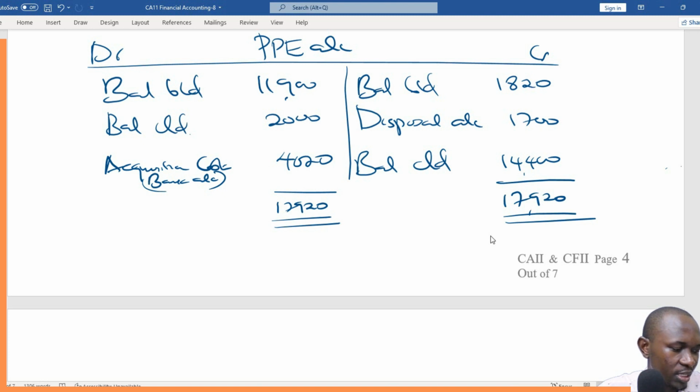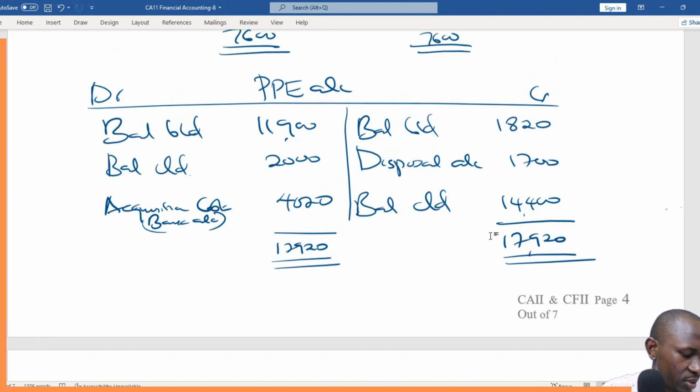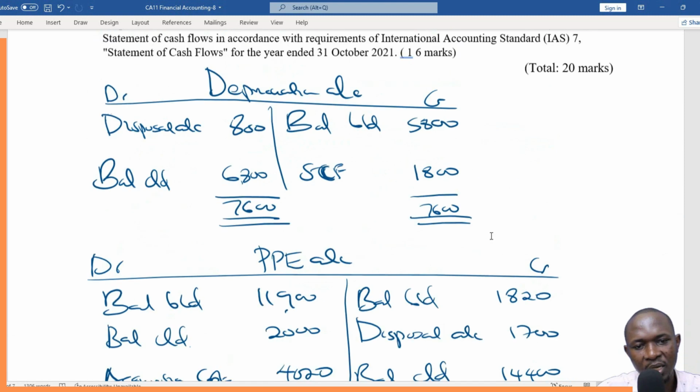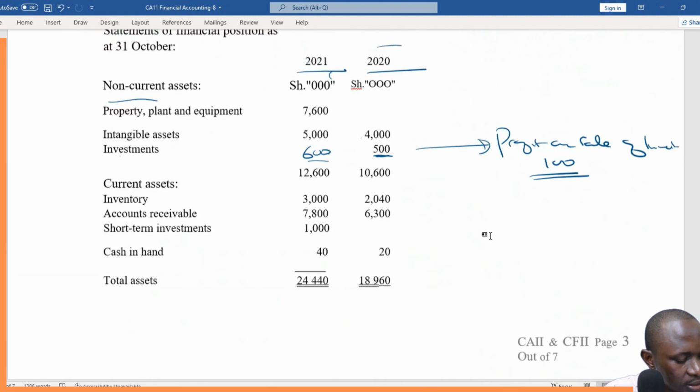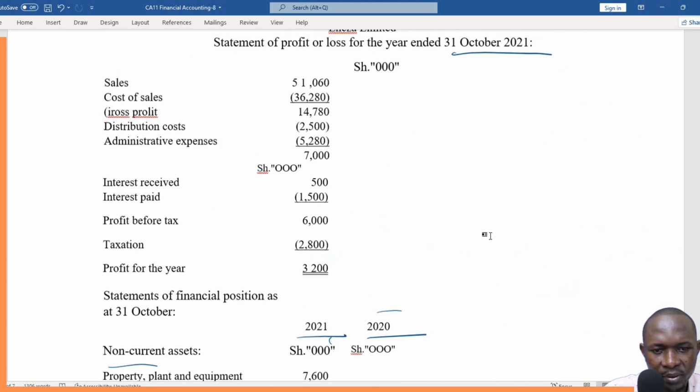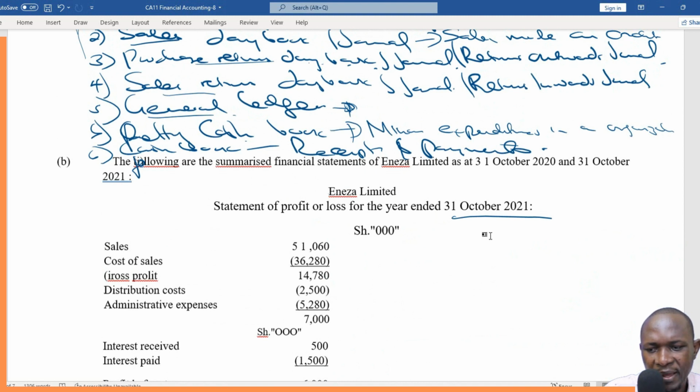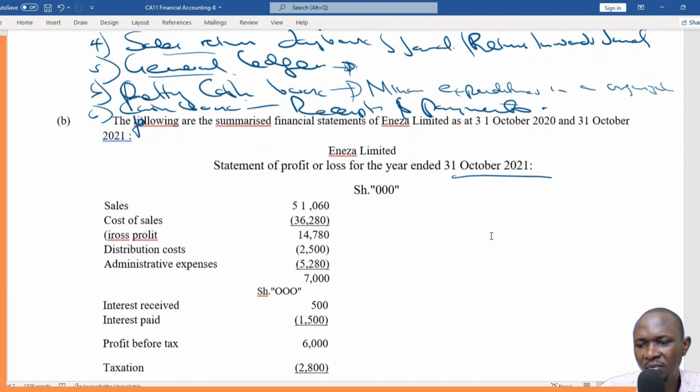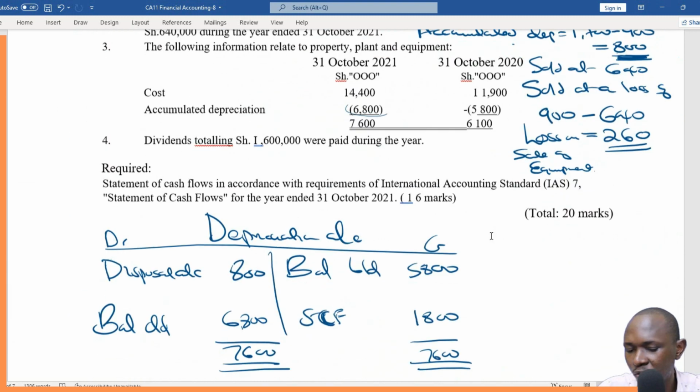Now the question is, this is which company? Statement of cash flow. Let me see the name of the company. This is Eneza Limited at 1st October 2021.